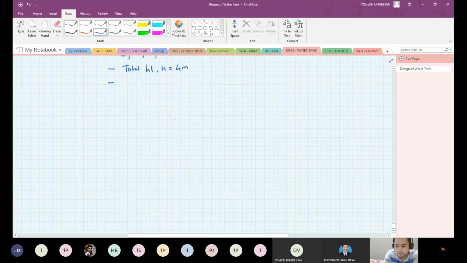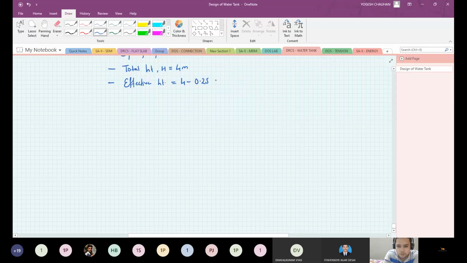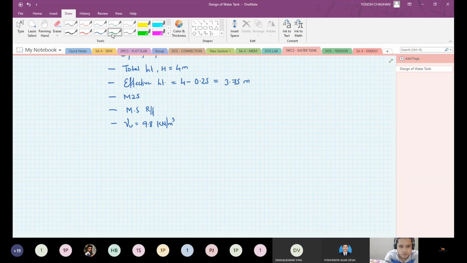Okay, and the effective height is equal to 4 minus the freeboard of 250 mm given in the data, so it will be 3.75 meter, and the concrete grade is M25 and steel is mild steel reinforcement, and the density of water is given to us, that is 9.8 kilonewton per meter cube. Okay, so with this we'll start the design.